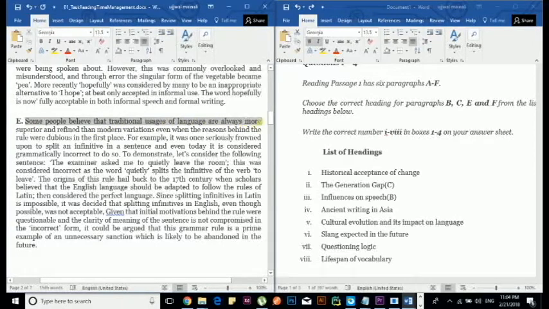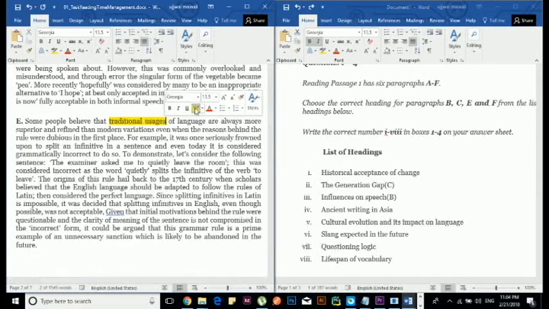Some people believe that the traditional uses of languages are always more superior and refined than modern variations, even when the reasons behind the rules were dubious in the first place. So let's look at the keywords here. Traditional language, traditional use. Okay, let me highlight this properly.